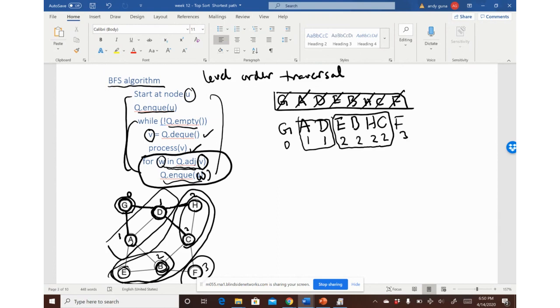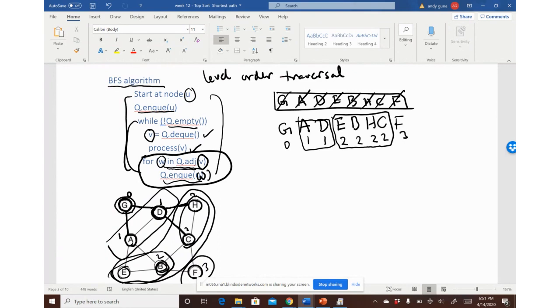Is there a post-order or pre-order traversal? No, I think that deals with DFS. If you do DFS, we can talk about pre-order traversal. That means you process the node as soon as you see it. Or post-order traversal, that is, if you process the node on the way back.